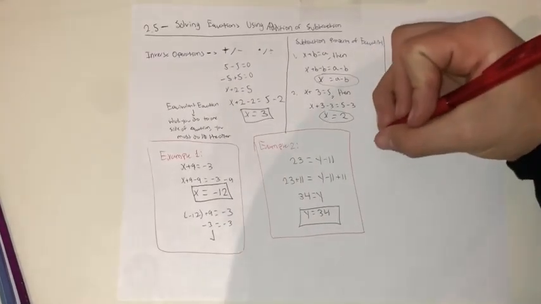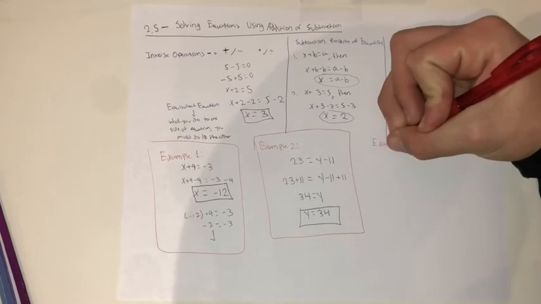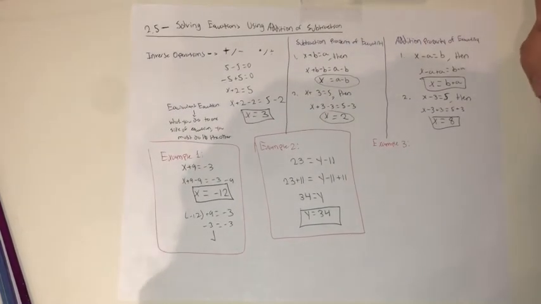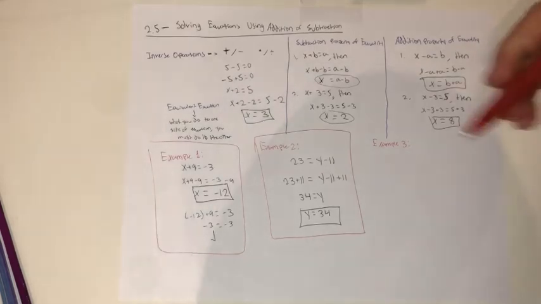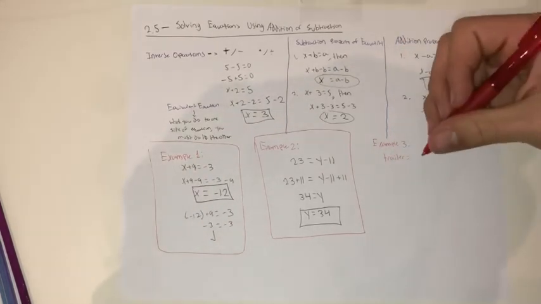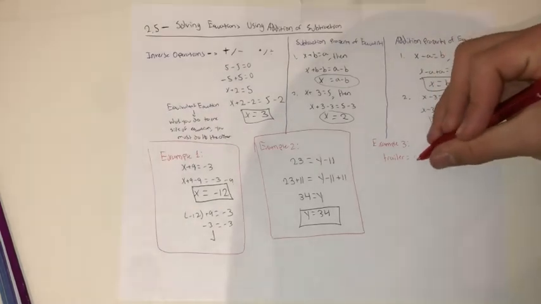Finally, example 3 is about the weight of a horse on a trailer. The weight of the trailer alone is 2,150 pounds.